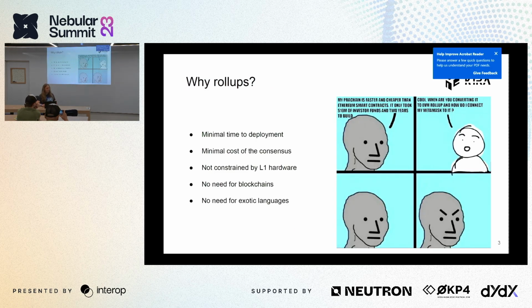So maybe let's start with why do we even need it, right? Why do we need rollups? If you want to have a decentralized network, what's the point of a decentralized network? The point is to democratize access to finance, to money, to unbank the banked, right?